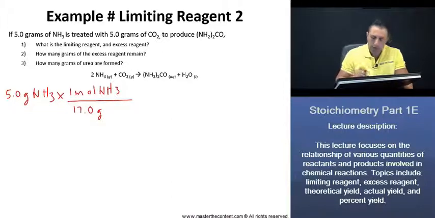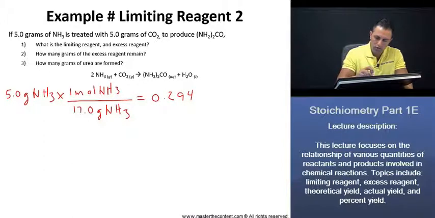Should you require more information on how to find molar mass, we covered that earlier in this lecture series. Thus, once we equate the following, we end up with a value of 0.294 moles of our ammonia. Great. Now, let's just go ahead and highlight that. When we need to revisit that, we can.